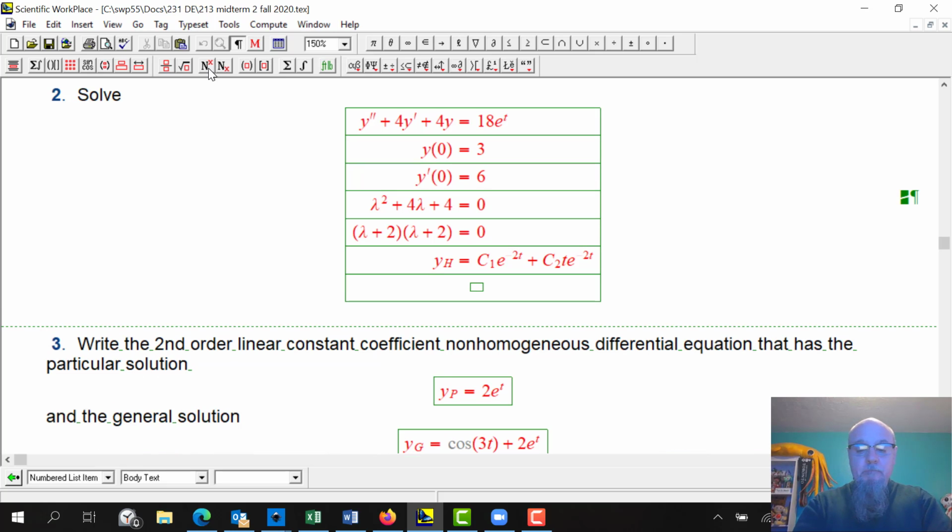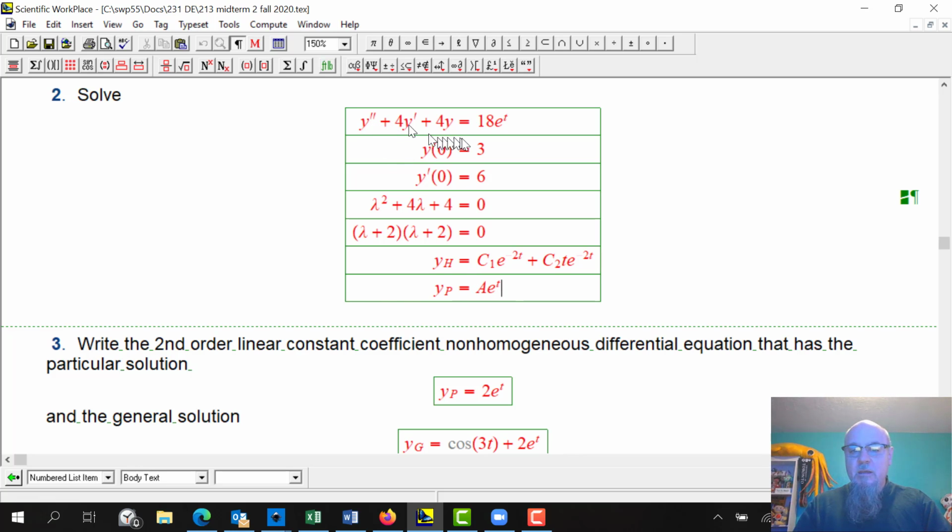Now I need to get the particular solution. And as in question 1, we've got two different ways to get the particular solution, but this one I can do with unknown coefficients, just a e to the t. So I think that's the way I'm going to do that one. Now, because my target function is a number e to the t, my guess is a e to the t. Now, the derivative of a e to the t is a e to the t, the second derivative, all the derivatives.